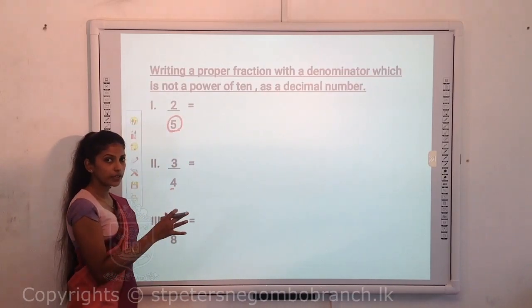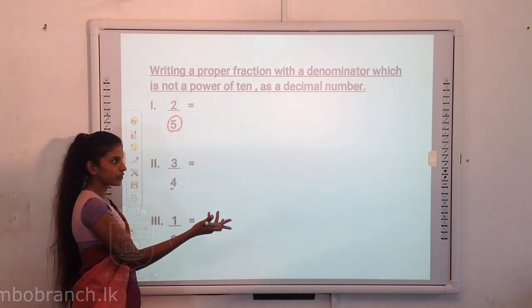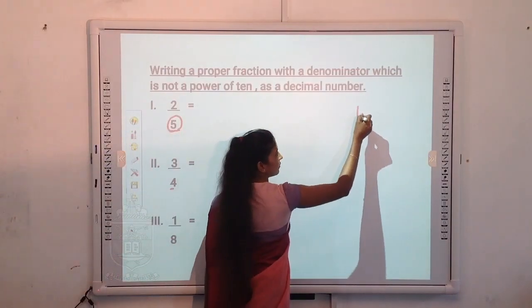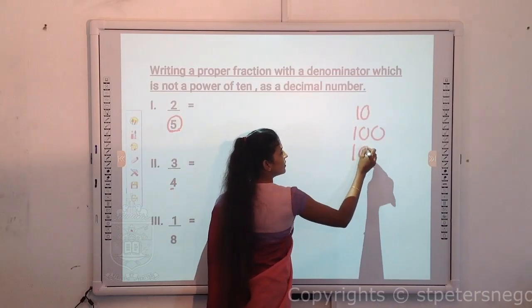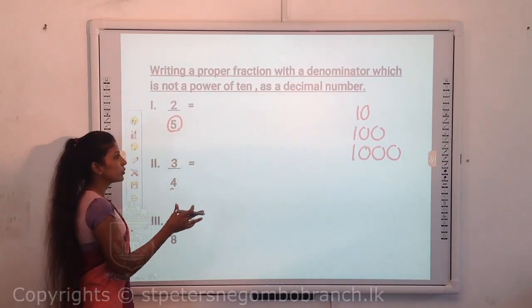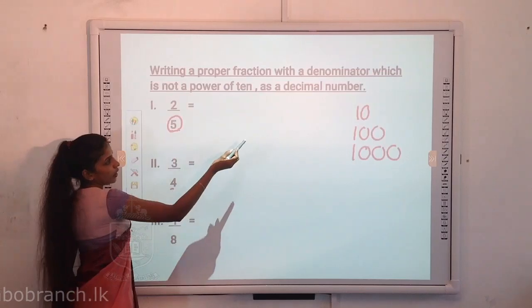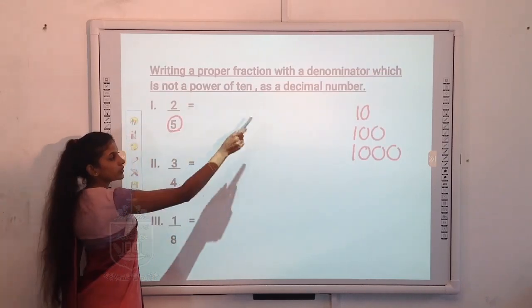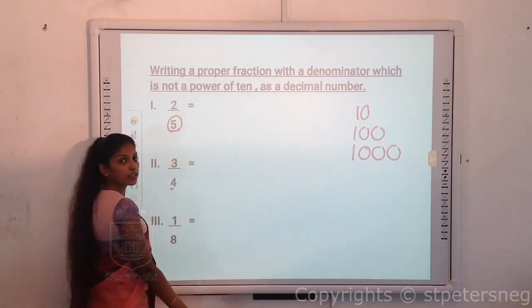Powers of 10 means 10, 100, 1000. Likewise, you have to convert the denominators into these numbers. What is the easiest number that we can make? 5 can be converted to 10 more easily than going for 100 and 1000.